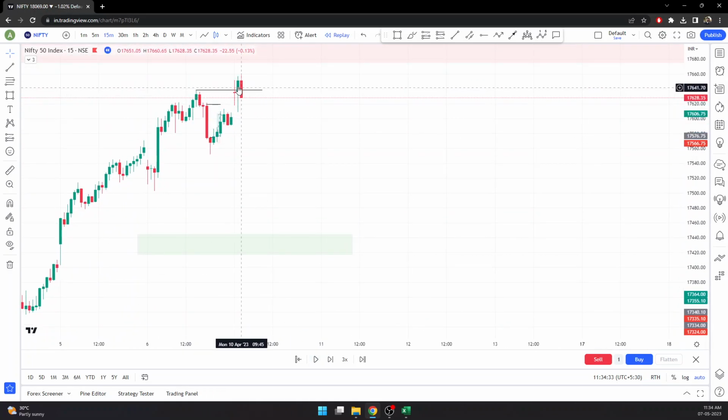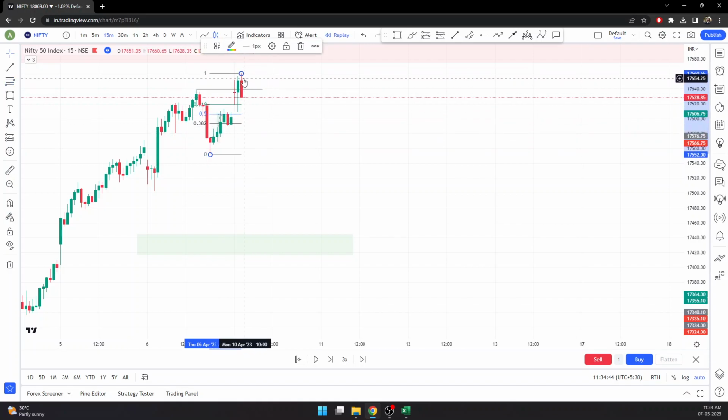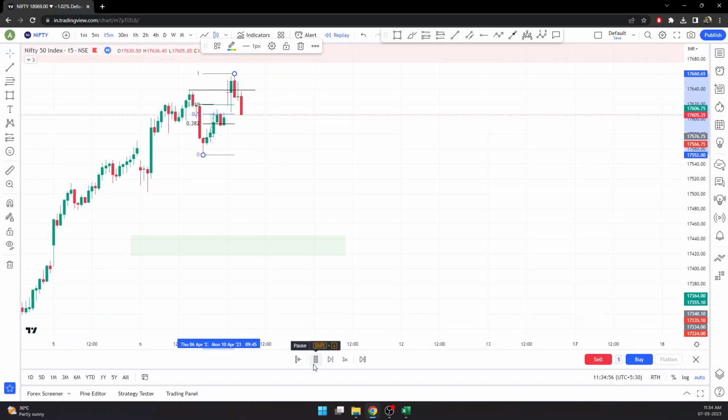Yes, we can see it has already broken these highs. So for us the new levels would be something like this, right? If we see here, the market has already come around 50%, but it did not touch the 50%. So let's wait for it to come back into the 50% zone.